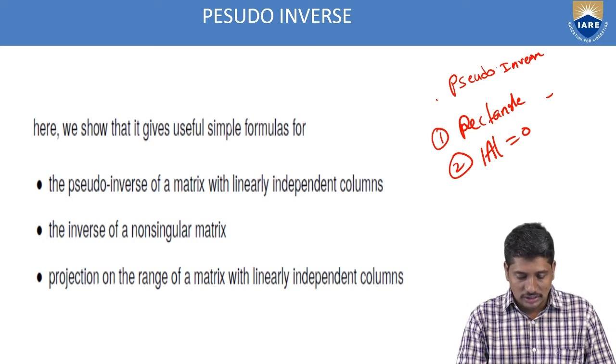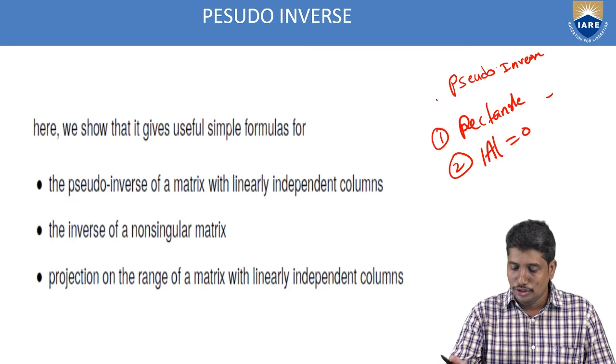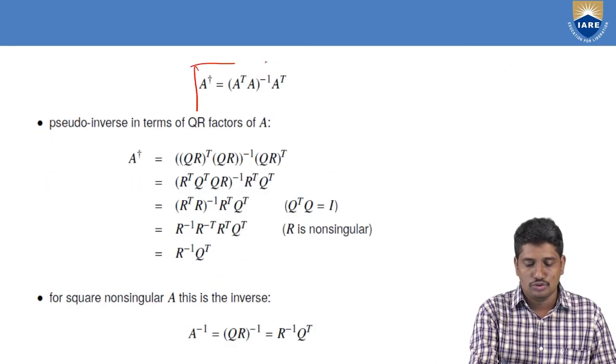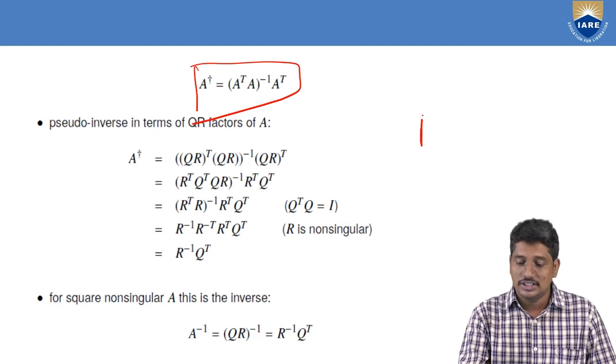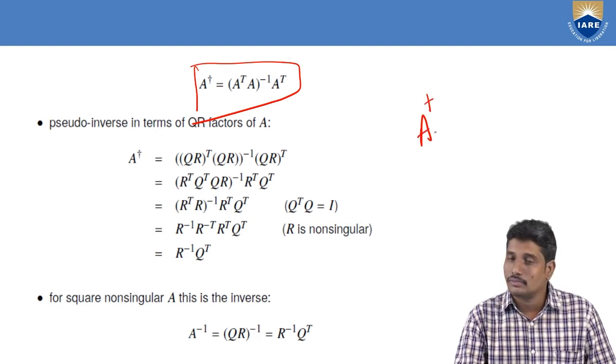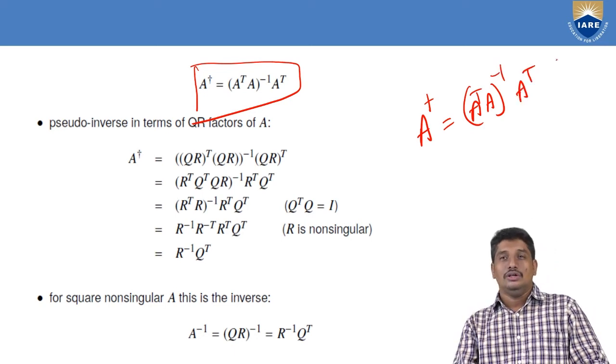So pseudo-inverse has a definition and a formula. Let us look into that formula and definition. Pseudo-inverse is denoted by the symbol A plus, where it is defined as (A transpose A) whole inverse into A transpose.